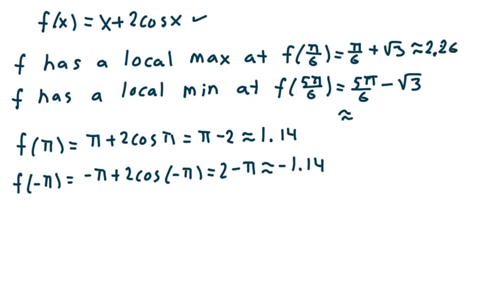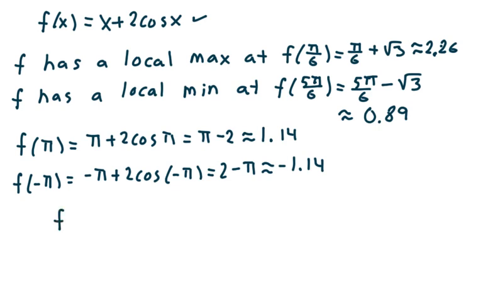And then if I take pi over 6, multiply by 5 and subtract square root of 3, this is about 0.89. Okay? And so what does that mean?